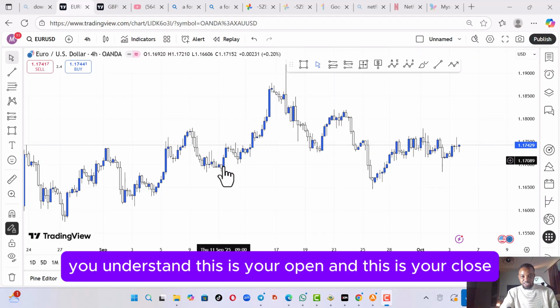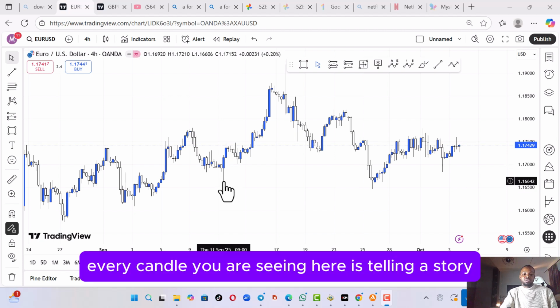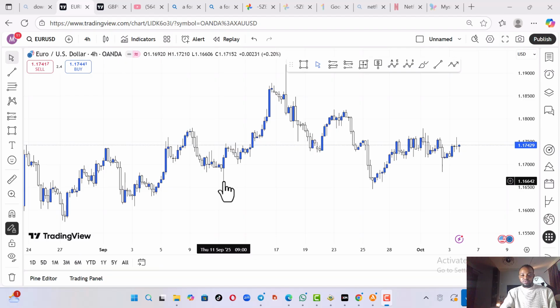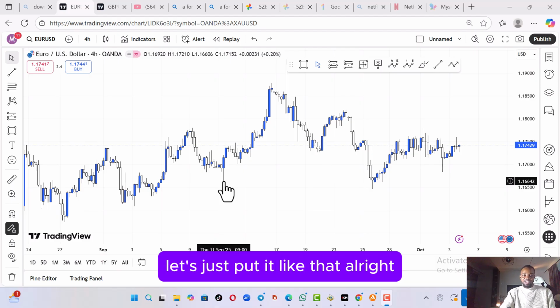You understand? This is your open and this is your close. Then this blue part is the body, and this is a wick. Every candle you are seeing here is telling a story. They've all gone through a few phases, let's just put it like that.